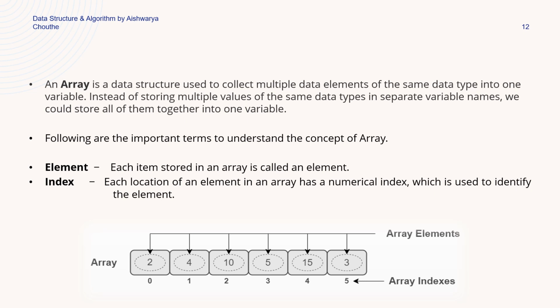Now, it consists of two concepts, that is elements and index. Okay, so elements is nothing but the value or item stored in the array. And index, we can say that each location of the element in the array has a numerical index which is used to identify that particular element.